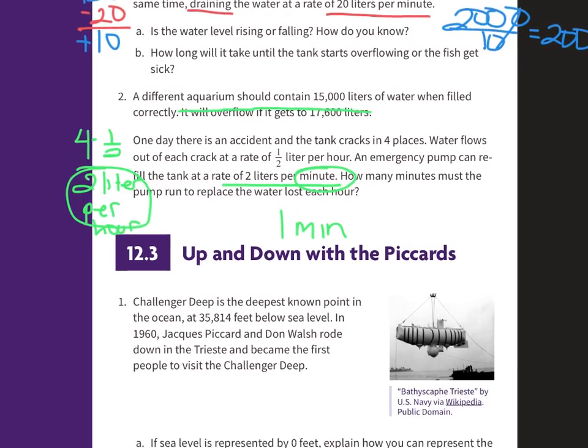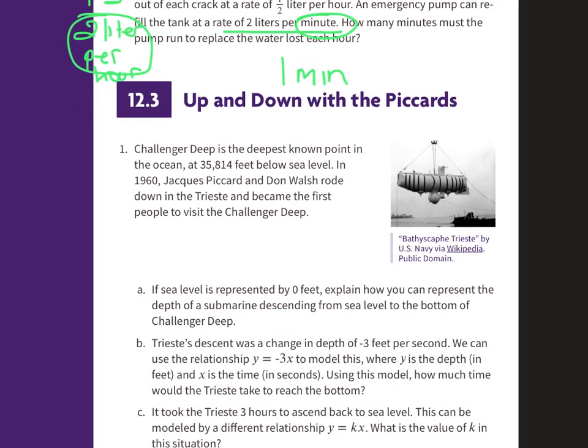12.3, Challenger Deep. Challenger Deep is the deepest known point in the ocean at 35,814 feet below sea level. In 1960, Jacques Piccard and Don Walsh rode down in the Trieste and became the first people to visit the Challenger Deep. If sea level is represented by 0 feet, explain how you can represent the depth of the submarine descending from sea level to the bottom of Challenger Deep.